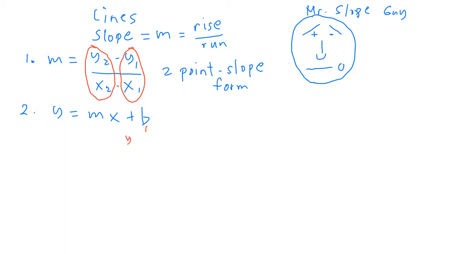This is the intersection between the y-axis and the line, so that would be the point or the ordered pair. We call this equation the slope-intercept form.